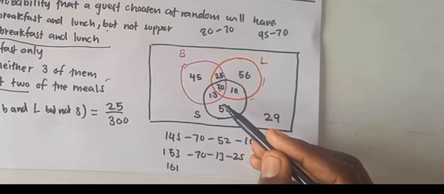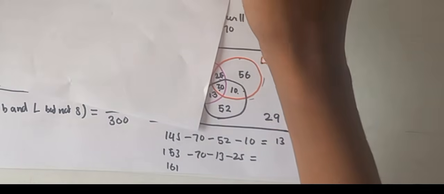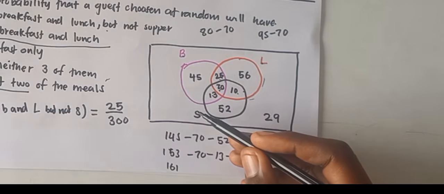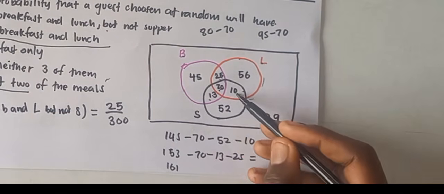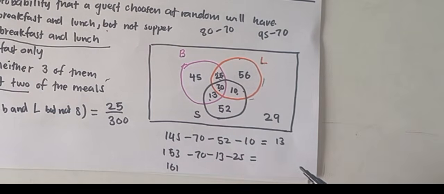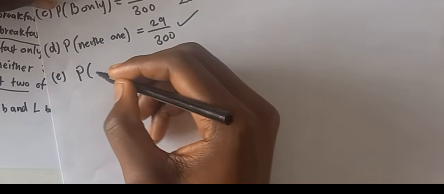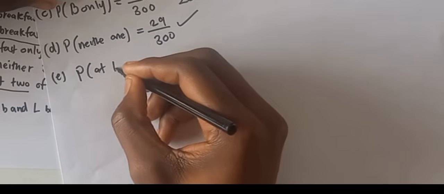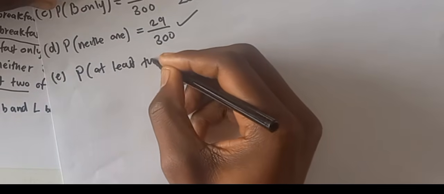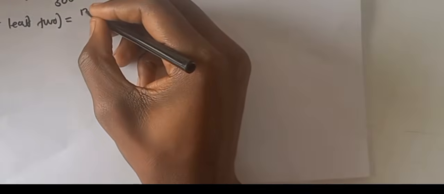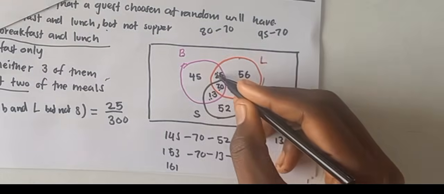Does that make sense? With two circles, it was only A or B or both. For this one, since there are 3 circles, it's either two of them or all 3 of them. So to find the probability of at least 2, we have to add the ones that are in two regions, which are 13, plus 10, and also plus 25.